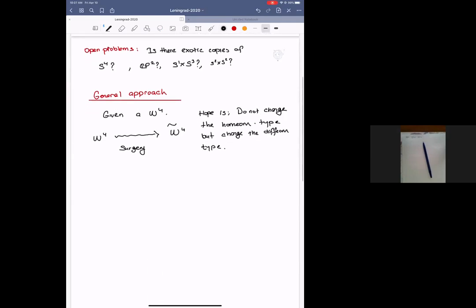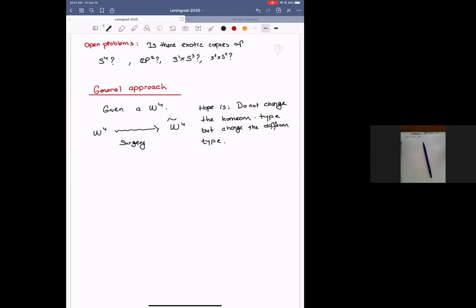When I say surgery, it's just a matter of terminology. You can think about many things. It can be Glücktwisting, it can be log transformations, it can be crop twisting.